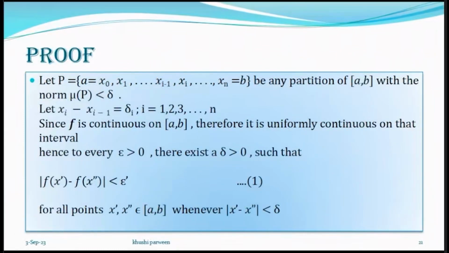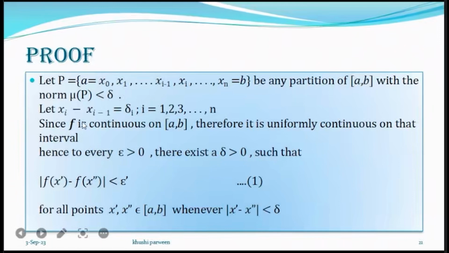Now before starting the proof, we will consider P equal to x_0, x_1, ..., x_(i-1), x_i, ..., x_n equal to b, any partition of the closed interval [a, b] with the norm of P less than delta. The norm is the maximum, that is the greatest, of the lengths of the subintervals.